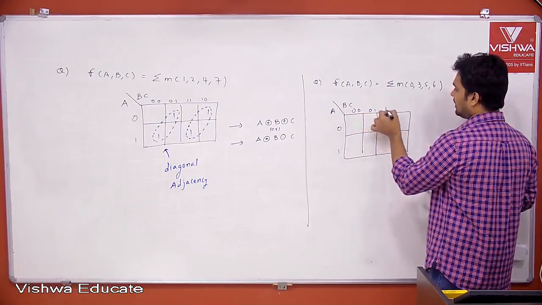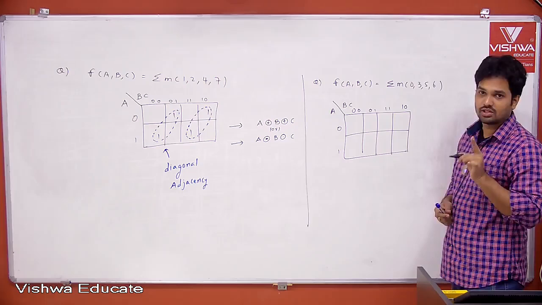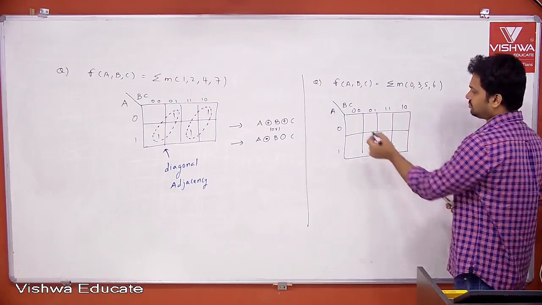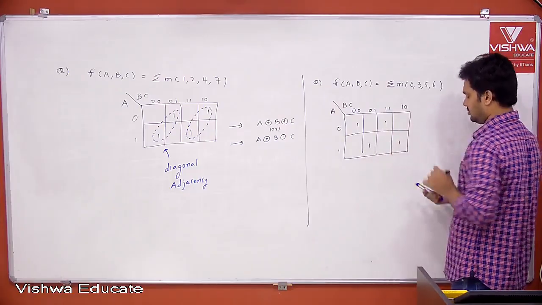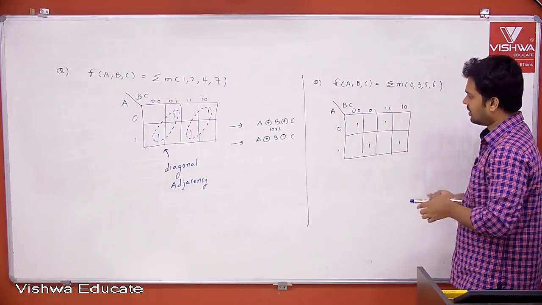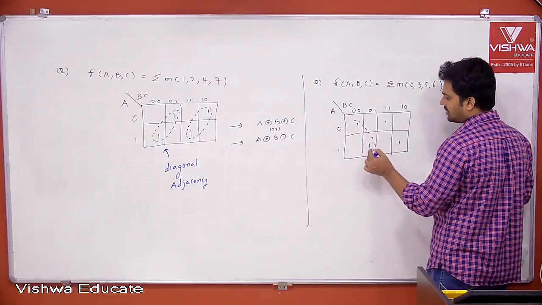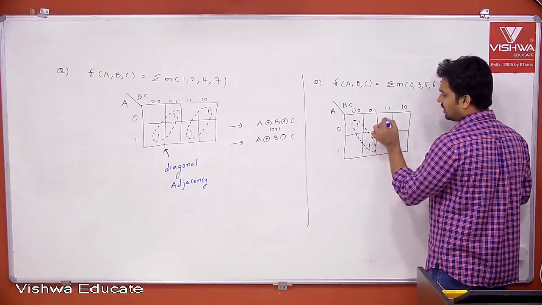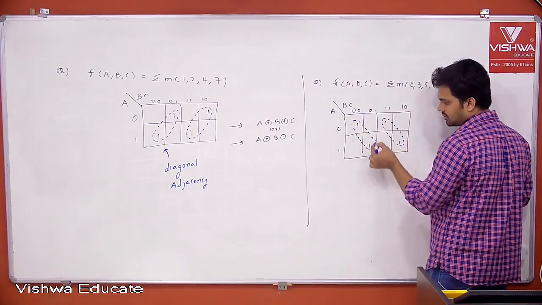Now, let us see the next question. What is this? Sum of the minterms 0, 3, 5, 6. Are there any quads and pairs? Nothing is possible. Here also it is a kind of diagonal adjacency. There is no meaning for these dots; I am just making them for understanding purposes.